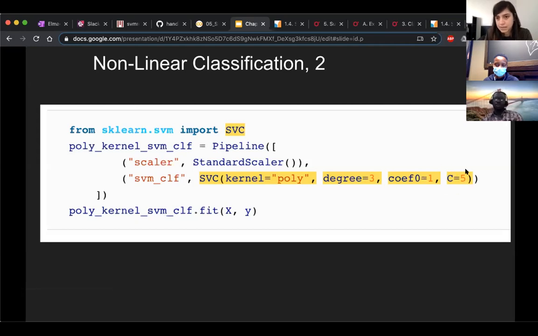C is the same as before, some sort of flexibility of the margin, soft margin. And here's the coefficient. This is the first time that he's introducing this one. This is another hyperparameter that defines how much we want our model to be dependent on the higher degrees that we are defining.